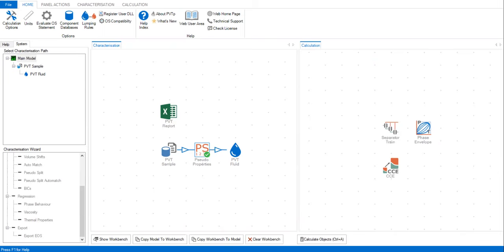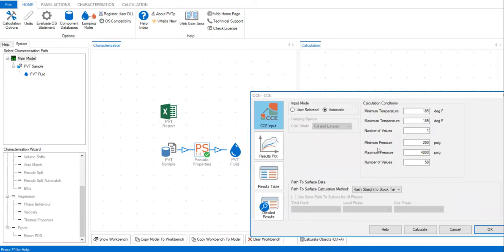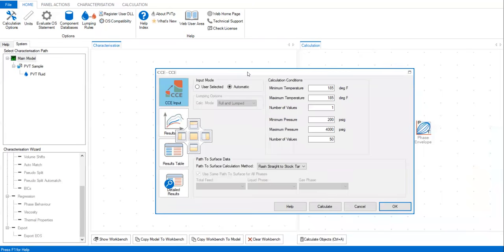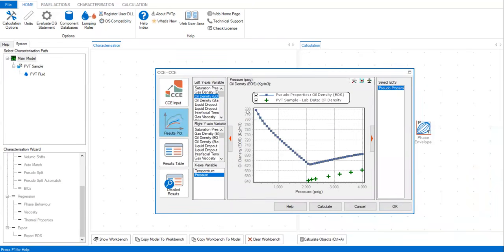In the previous video, we have just checked the current quality of matching for the CCE. And you can see this is the estimate generated from our current fluid model, whereas these are the data. This is still for CCE.